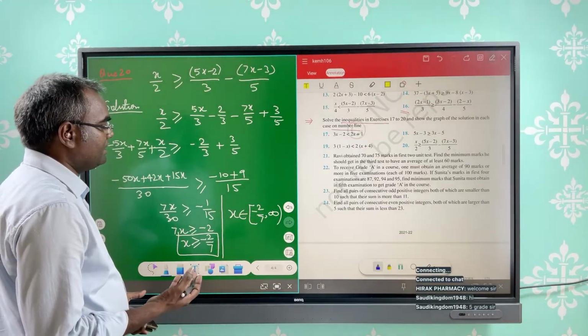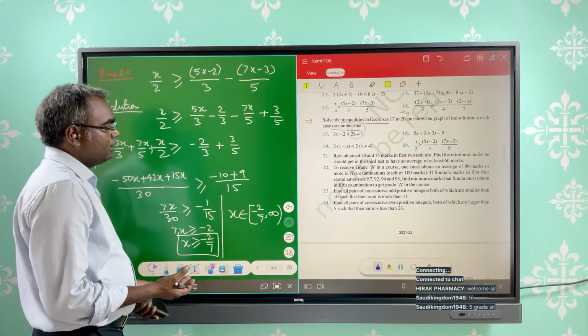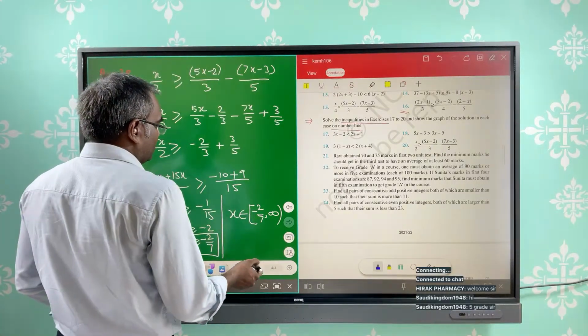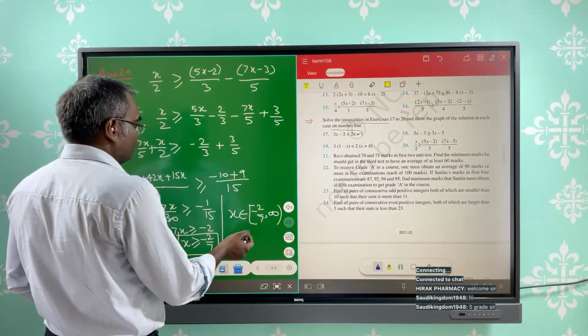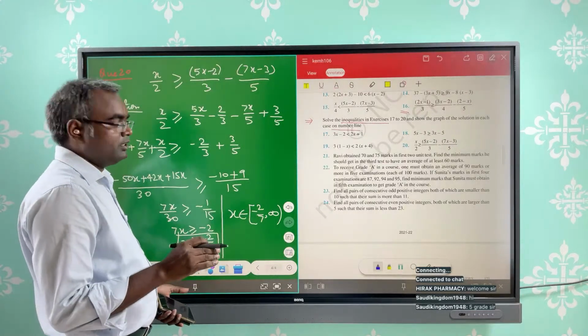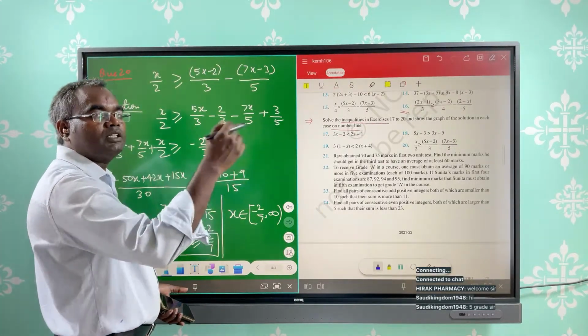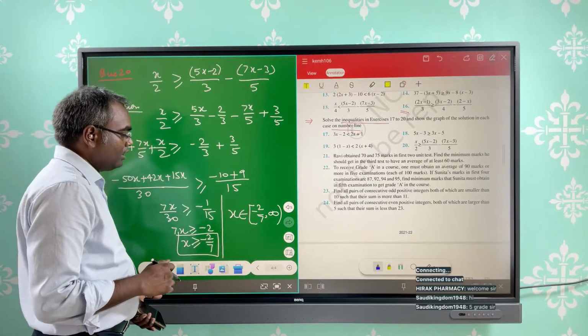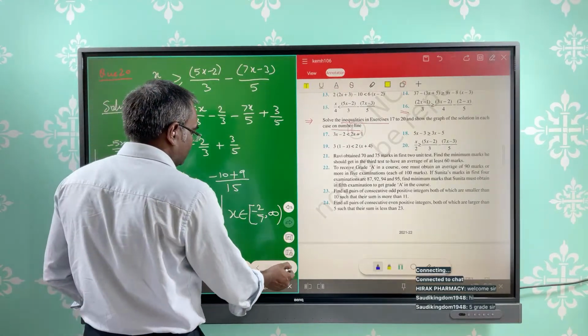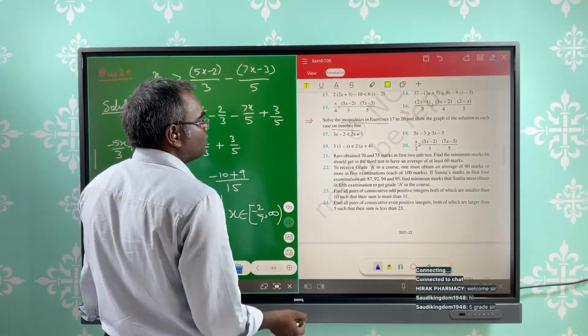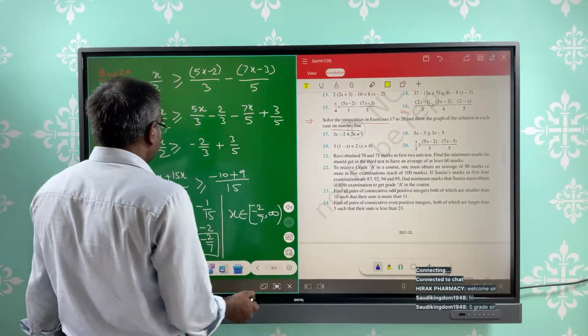And we can easily plot the solutions on the number line. We'll fill the circle and draw from minus 2 by 7 towards the positive side on the number line. So this is the solution for question number 20.